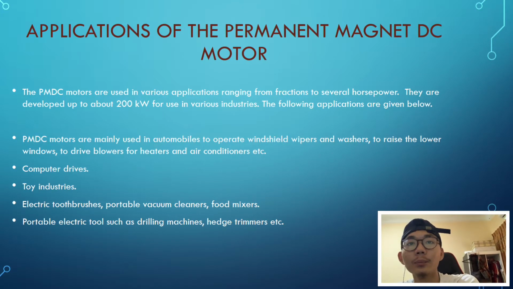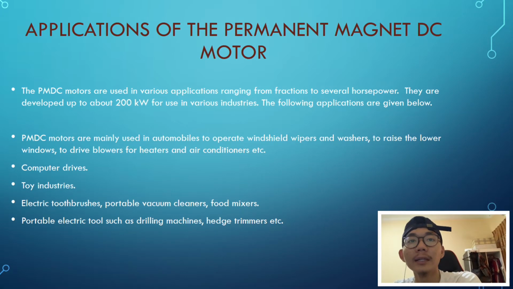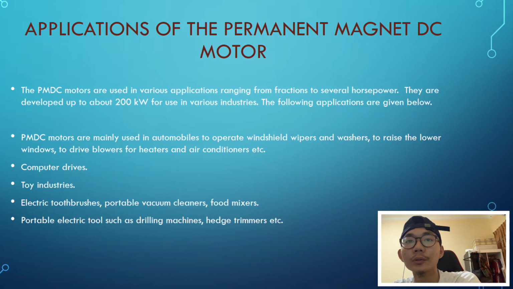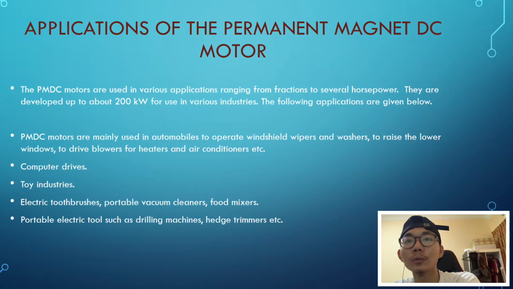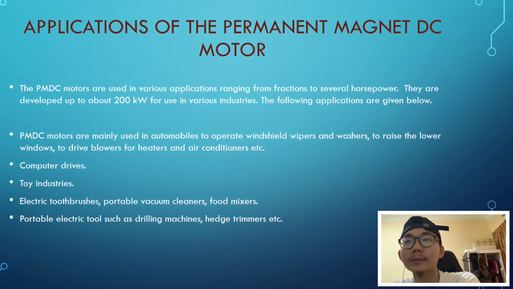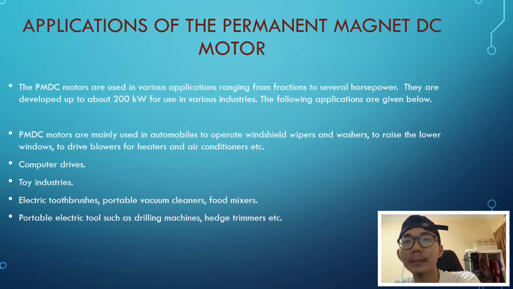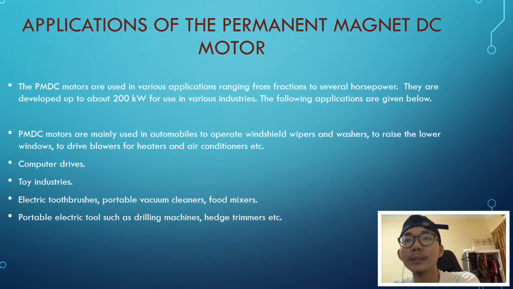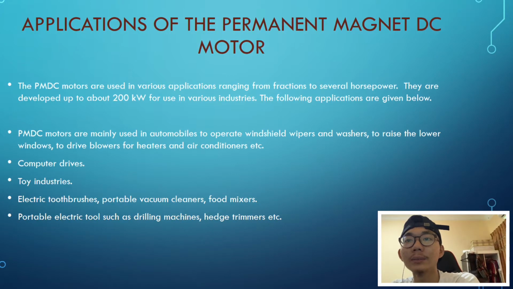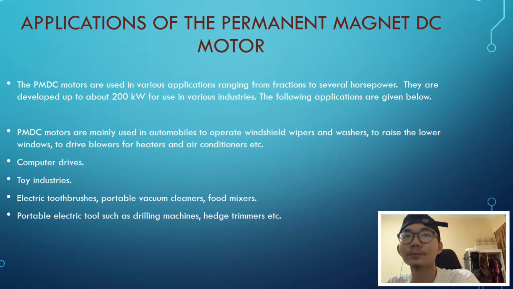This type of motor is also used in the toy industry. The PMDC motors are used in electric toothbrush, portable vacuum cleaner and food mixer. It is also used in portable electric tools such as drilling machine, hedge trimmer and so on.